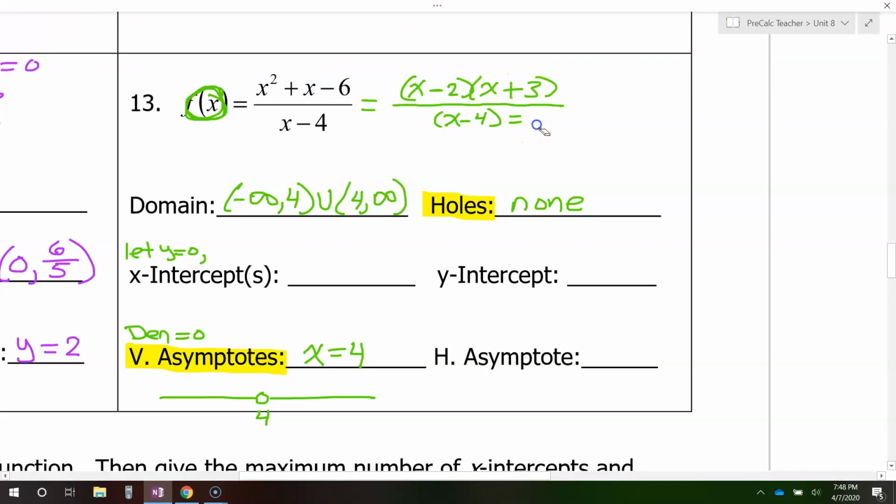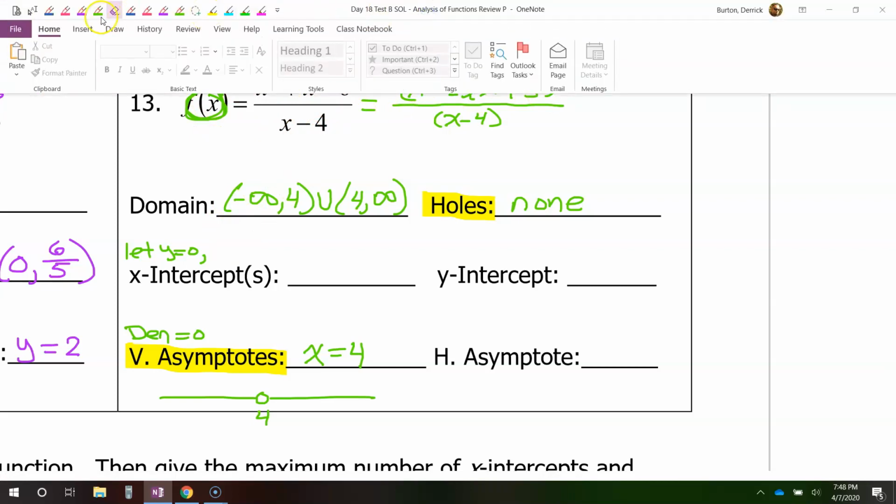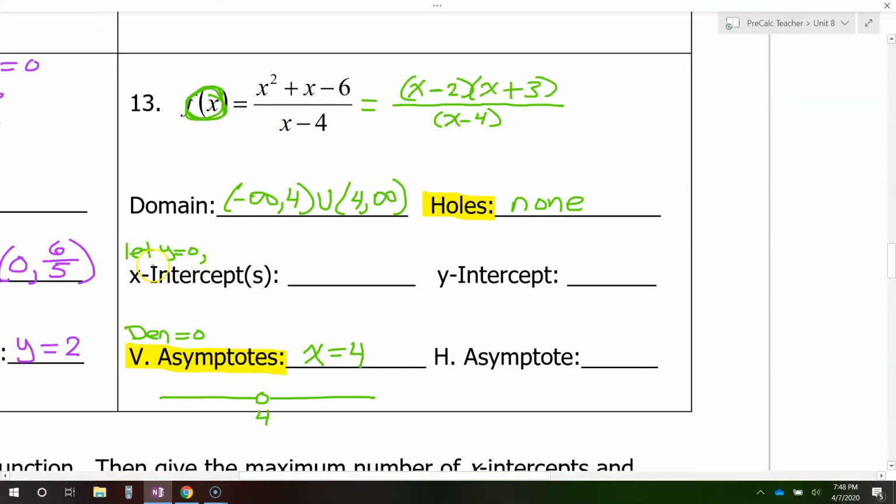The denominator can't be 0. So the only way for the whole function to be 0 is if the numerator equals 0. Another way to think of that is set the numerator equal to 0.